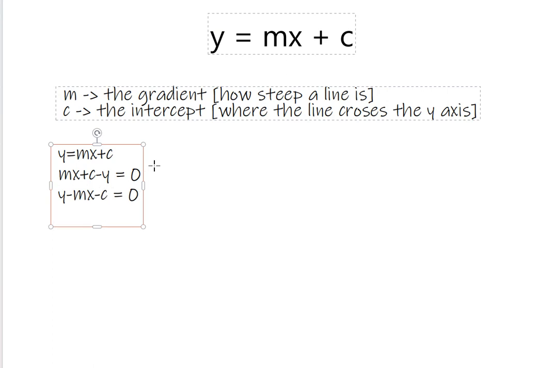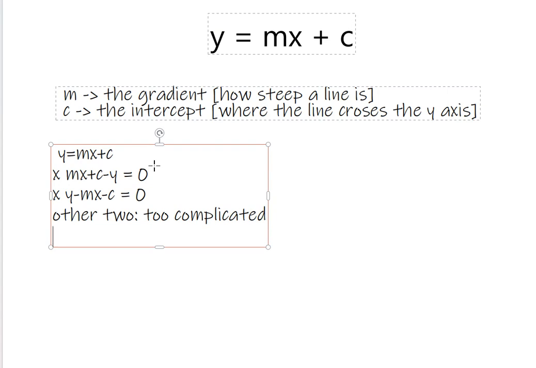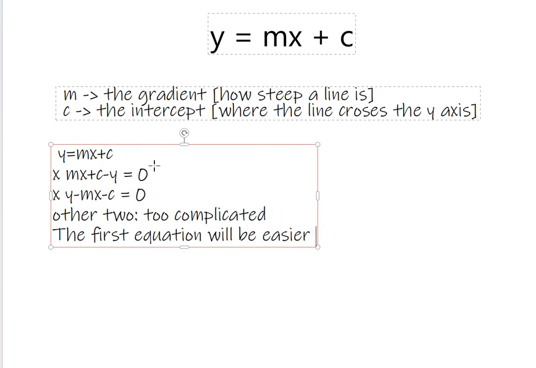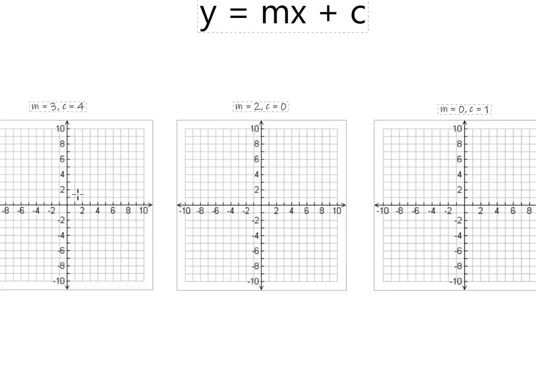Well, we don't do that because those other two are too complicated. Later, when you do the questions, you will find that the first equation is easier to plot in a graph, while the others need rearranging. So, let's get started and do some practical stuff.